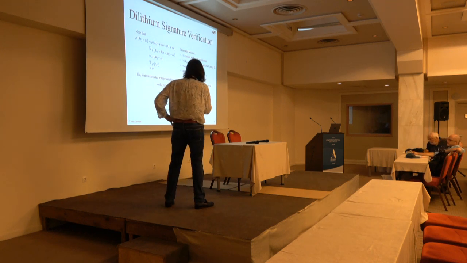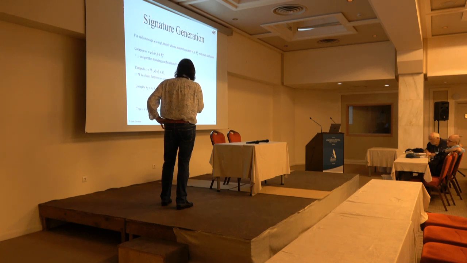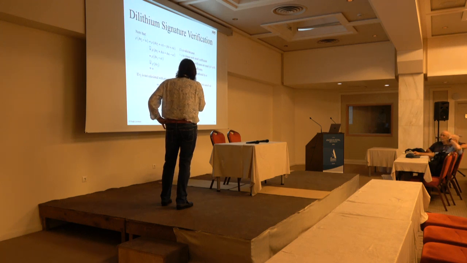And why does that work? Let me go back. In order to sign a message, you need to compute this W, you need to compute this C, right? You need to compute this R2. Sorry. And what you now do is A is part of the public key. R2 got computed in the process of signing the message.